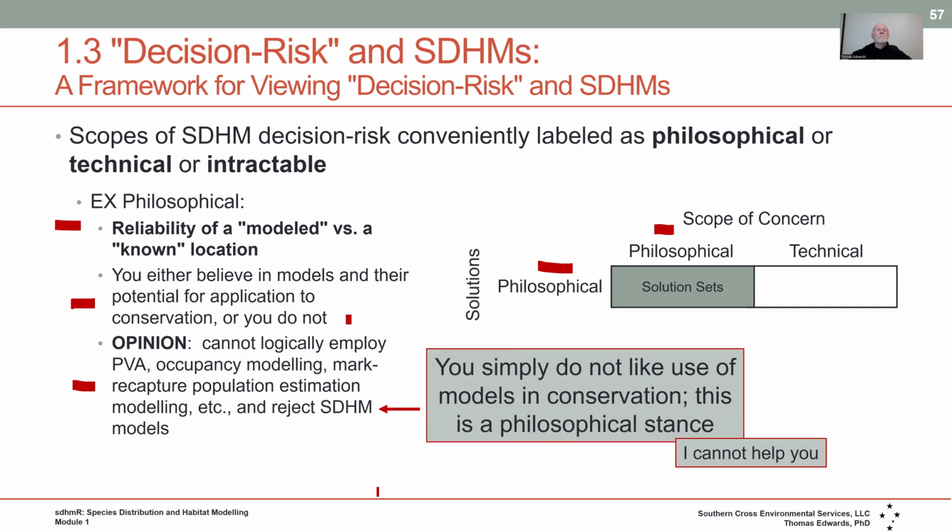So this is an opinion. If you don't believe in models, you cannot logically employ PVA, occupancy, mark recapture, et cetera, and reject distribution models. You simply don't like models in ecology. It is a philosophical stance, and I cannot help you.